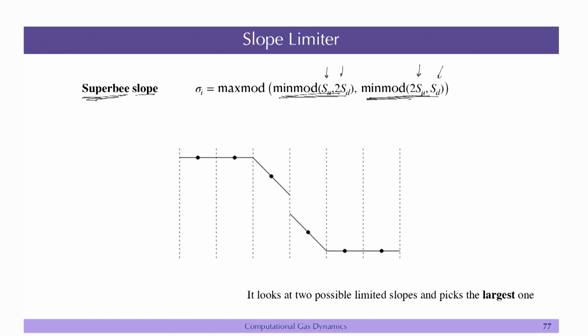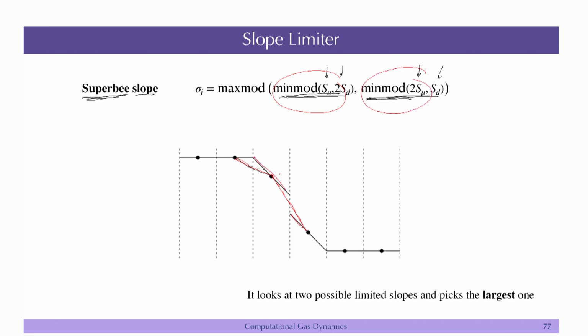It gives very sharp results near the shock, but it has some other problems that we will see later, and this is how the superbee slope will look. It is not doing only this or only this. You have one slope coming from here, one slope coming from here, but then it looked at double the slope and used this minmod here and minmod here and picked up the maximum slope which looks like this.